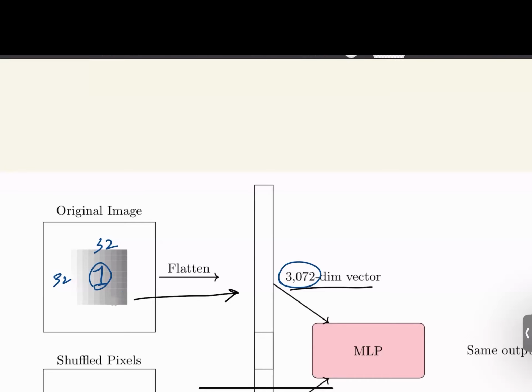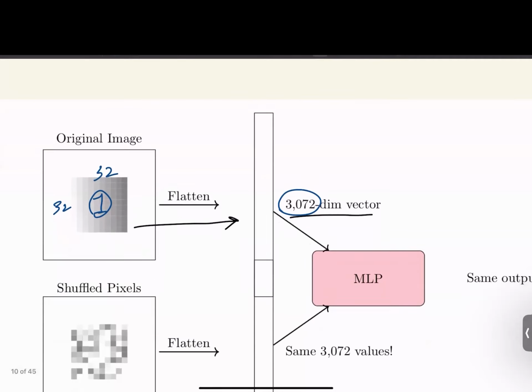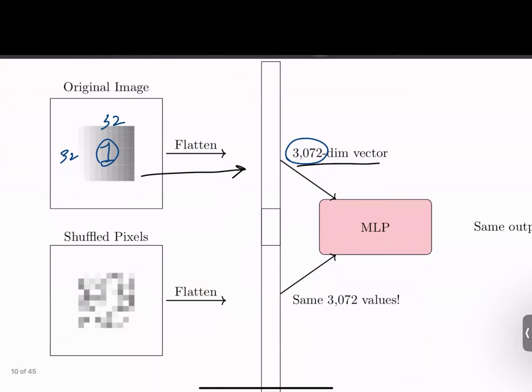The MNIST data is prepared like that initially by LeCun and his team. But what does this mean? This means that if we shuffle the pixels and send the same flattened vector to the MLP, only the order has changed, and the MLP can still do the classification.